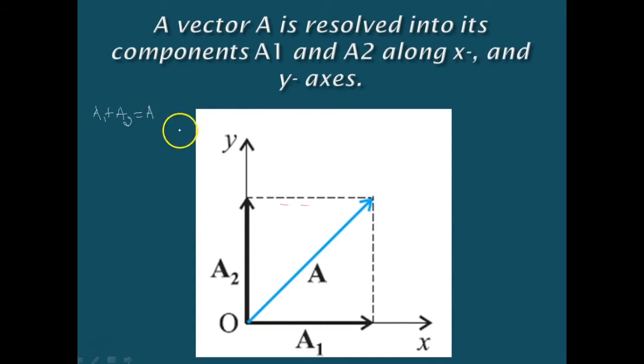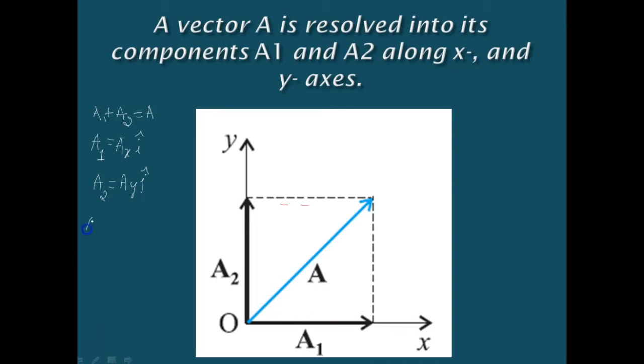Since a1 is parallel to i cap and a2 is parallel to j cap, we can write a1 as ax into i cap, and we can write a2 as ay into j cap, where ax and ay are real numbers, isn't it?